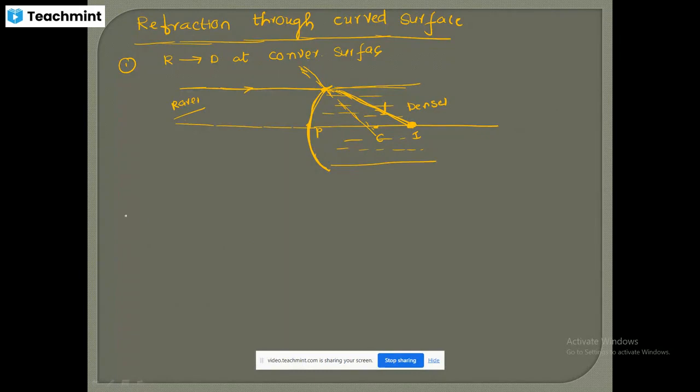Next point: same surface, but light is traveling from denser to rarer at a convex surface.